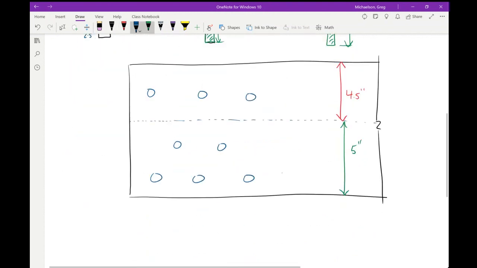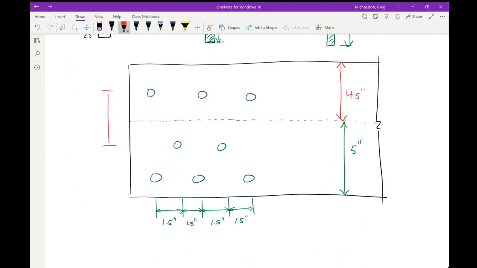So with all of these, we know that all of these are 1.5 inches. I know my drawing isn't perfect, but that's close enough. And so really, if we want to look at this from a net area perspective, what we need is this dimension and that dimension, right?